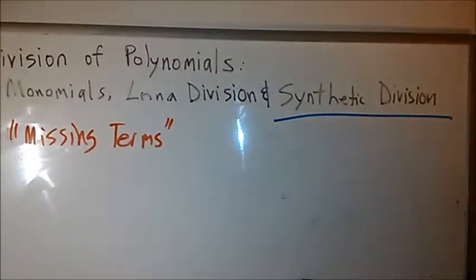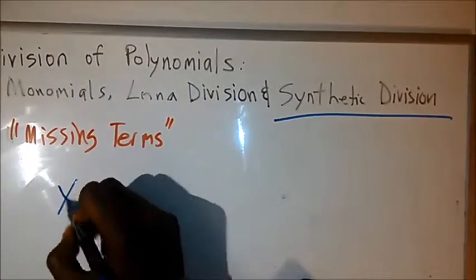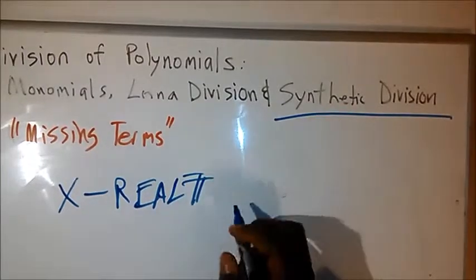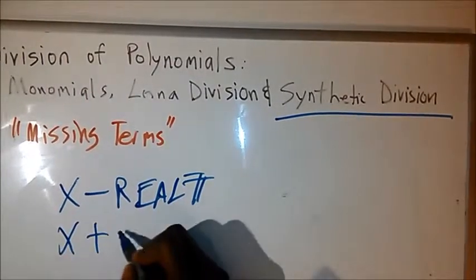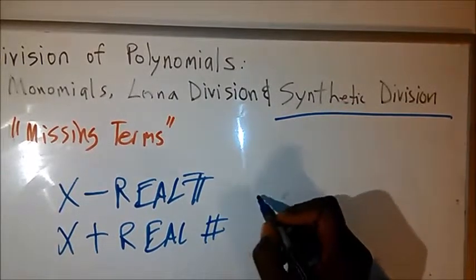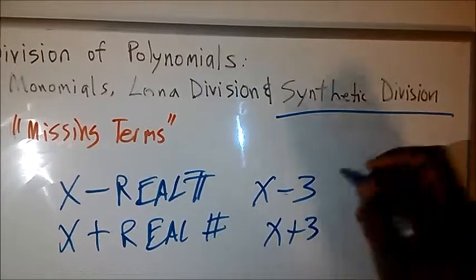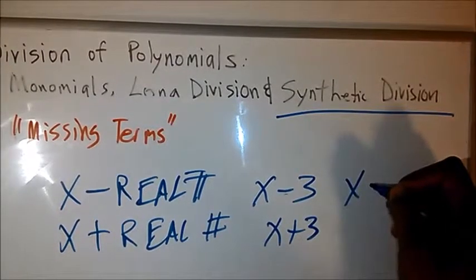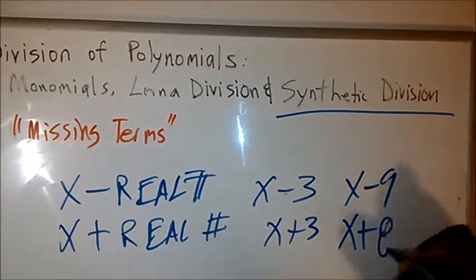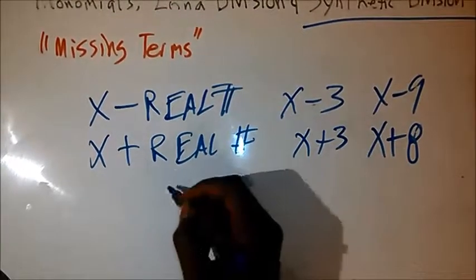It can only be applied when your divisor has the form x minus a real number, or x plus a real number. For example, x minus 3, or x plus 3, or x minus 9, or x plus 8. Okay. And synthetic division looks like this.